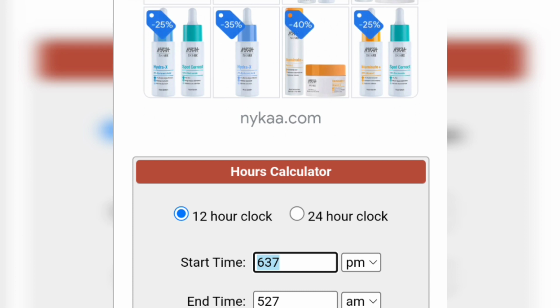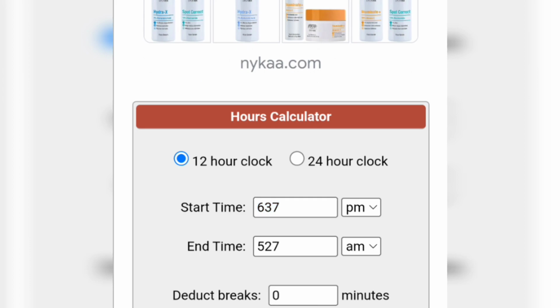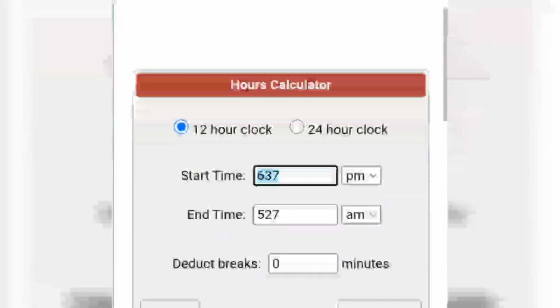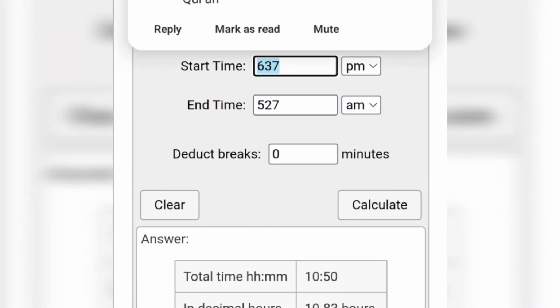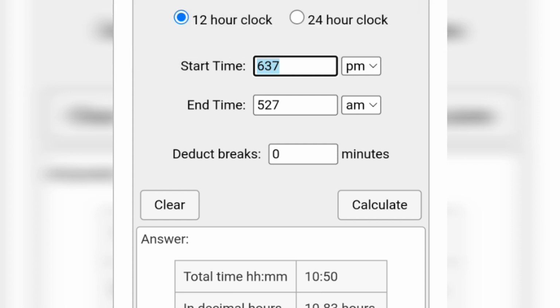I have already entered the time slot here, that is 6:37 p.m. to 5:27 a.m. We are going to consider the 12-hour clock timing because it will be easy for us to know. And when you calculate it, it's showing 10 hours 50 minutes. This is the time that you're going to get.